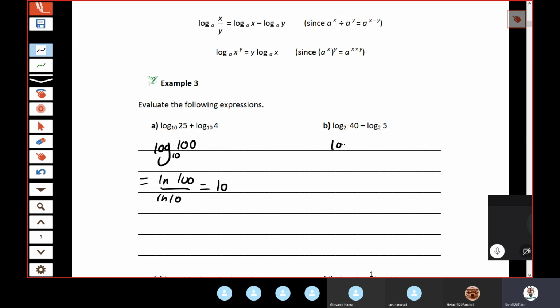And this one, log 40 over 5, and then that's a 2. Log 8 over log 2, that should get you 3. Did I say 10 here? Should have been 2.